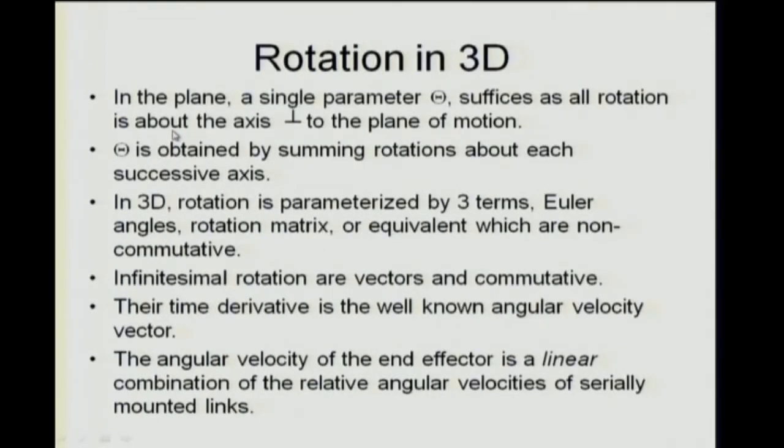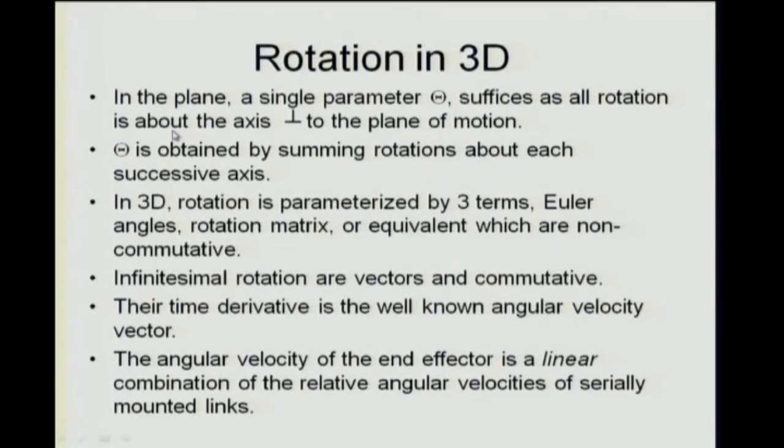Now rotation in 3D we know is always a little bit of a pull-push kind of situation. In the plane, this single parameter capital theta was fine because all the rotations were perpendicular to the plane of the motion, and you obtain theta by summing successive rotations about each axis.